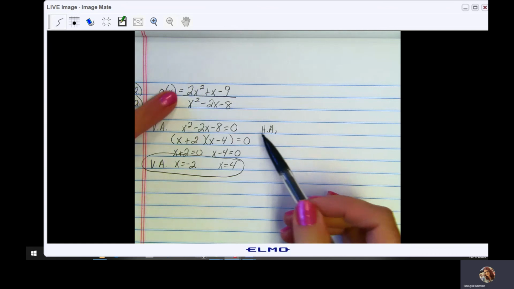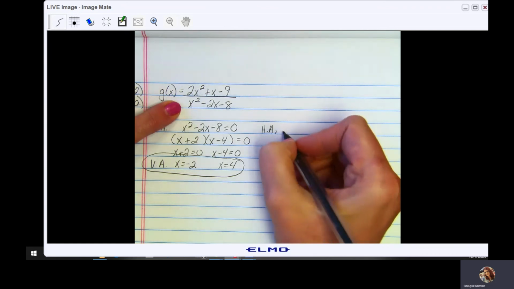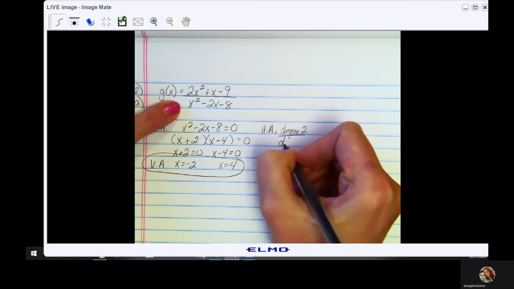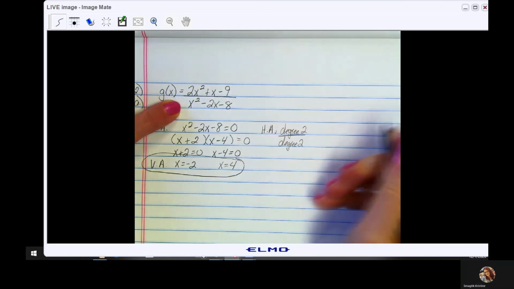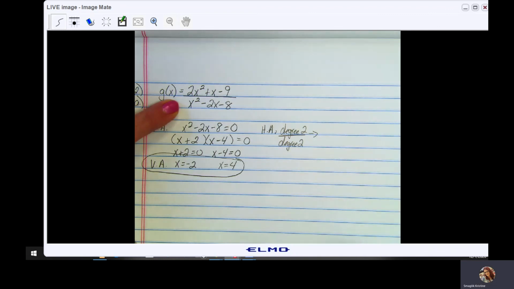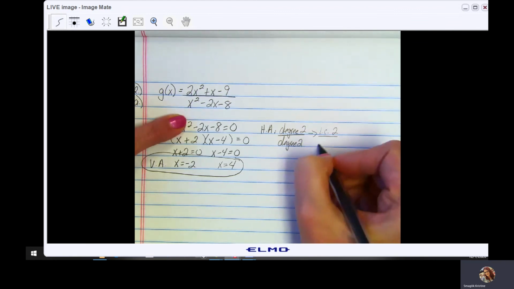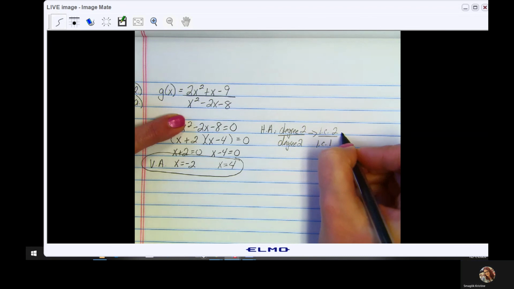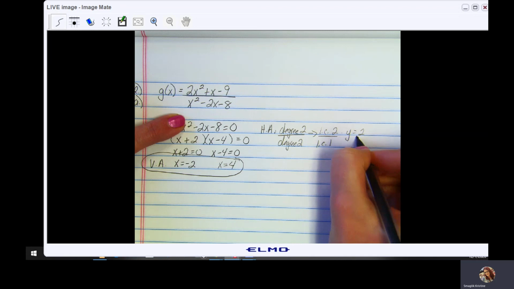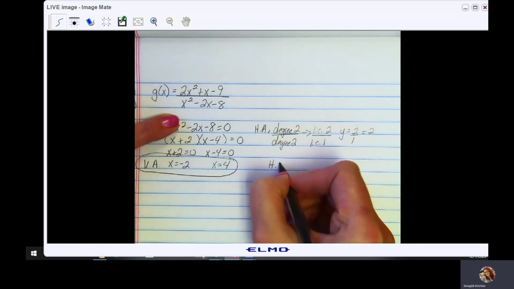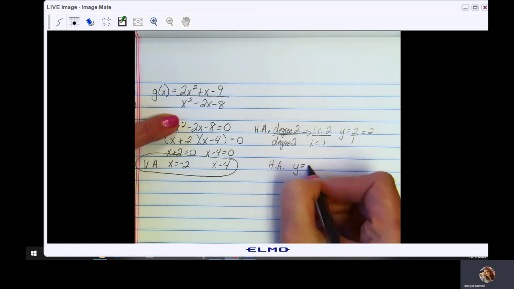So I have degree of 2 over degree of 2, which means I need to do this as a ratio of my leading coefficients. So I have a LC of 2 over an LC of 1. So therefore, y equals 2 over 1, and that reduces down to 2. So my horizontal asymptote is at y equals 2.